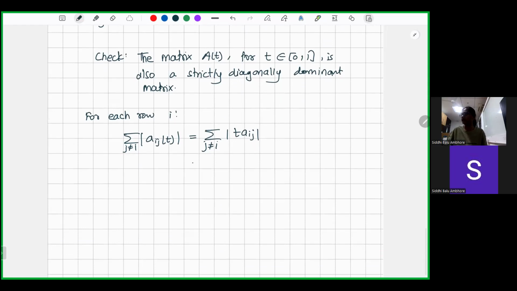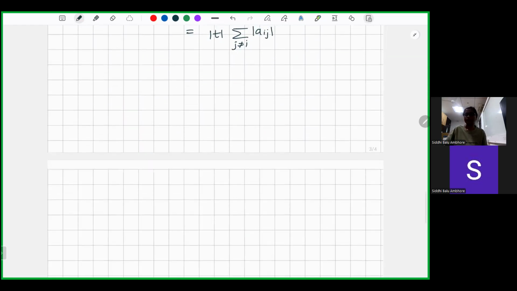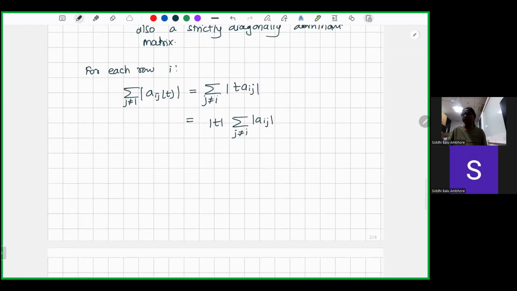But then this t gets common because it is there in every term: t times the summation over j not equal to i of mod a_ij. This will be less than or equal to the summation over j not equal to i of mod a_ij because t is between 0 and 1.